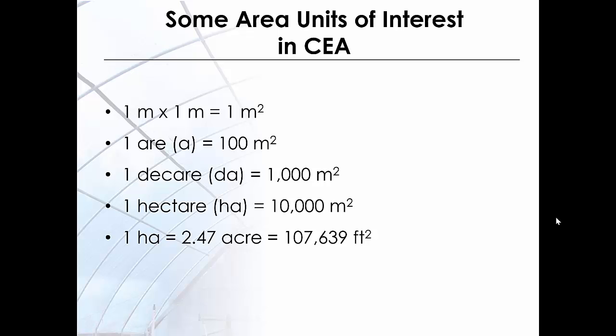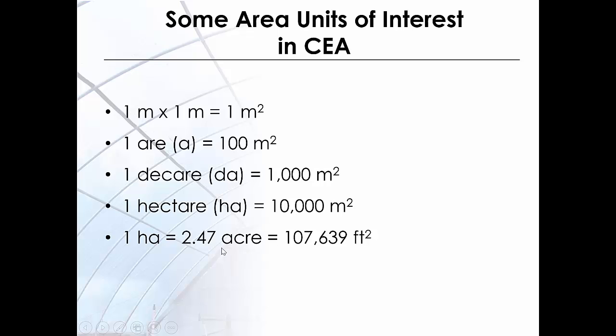Some area units of interest in controlled environment agriculture, for example: 1 are, represented by a, is equal to 100 square meters. 1 decare, represented by daa, is equal to 1000 square meters. 1 hectare, represented by ha, is equal to 10,000 square meters.